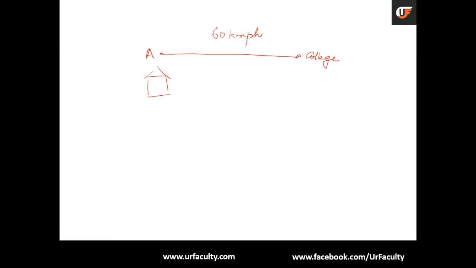So if you had traveled at an average speed of 60 km per hour, you would have reached your college in 1 hour. Am I making sense? If you agree to this, then your understanding is wrong. Why? Because you have not taken into consideration the value of the distance. So this concept makes sense only if I say that the distance of the college is 60 km.